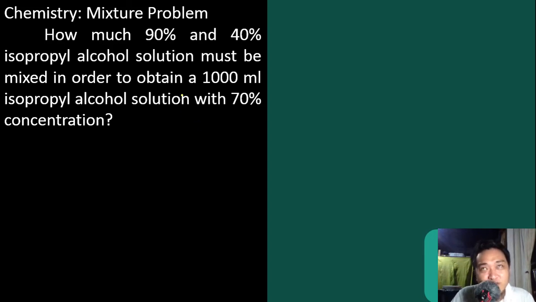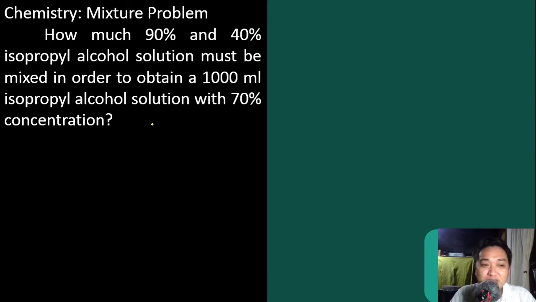As in, nangyayari po talaga ito nowadays, ano? Lalo na ngayong pandemic. Minsan, nagkakaubusan ng alcohol sa groceries. So, kung ngayon, nakabili tayo ng 90%, tapos naubos yung stocks, kinabukasan, pagbalik mo sa grocery, ang available na lang is 40%. Syempre, we are dealing with COVID-19 virus. So, if we are dealing with virus, at least dapat yung alcohol solution natin nandiyan sa mga 70% pataas, ano po?